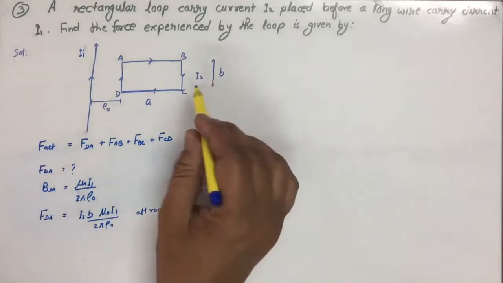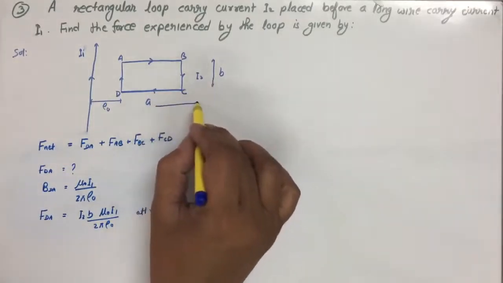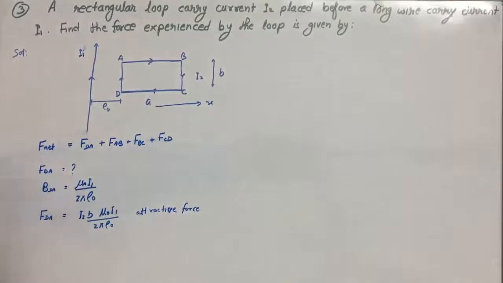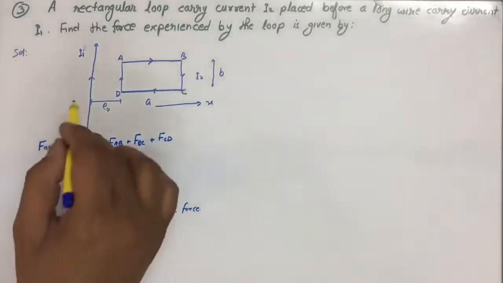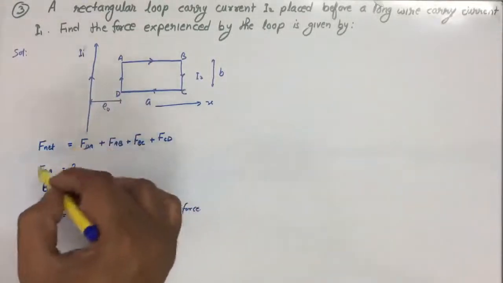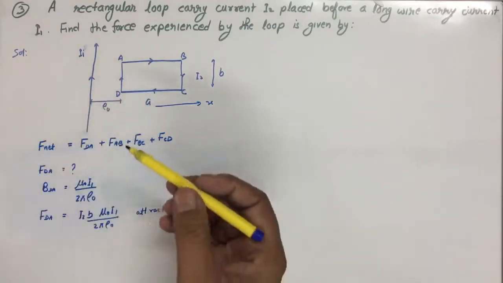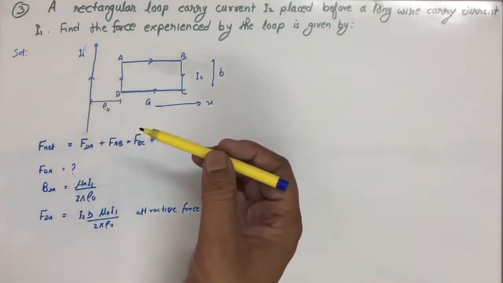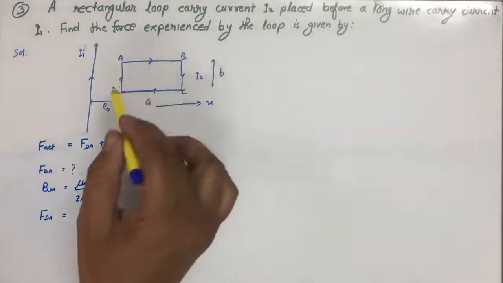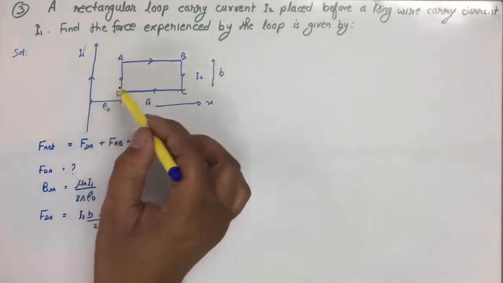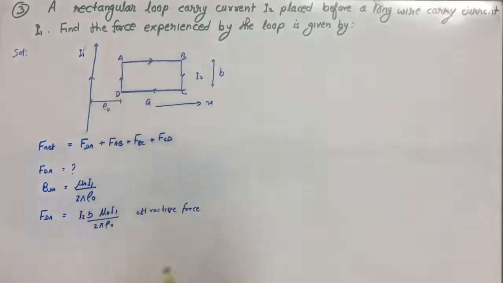And if we assume this is the positive x direction, this is the y direction, and this is the z direction, then the force will be in which direction? At this element, the force will be in the negative x direction.